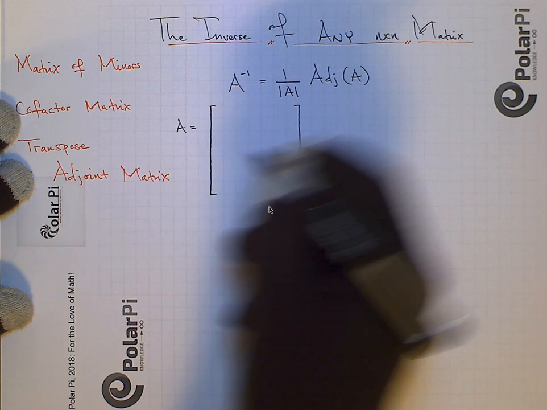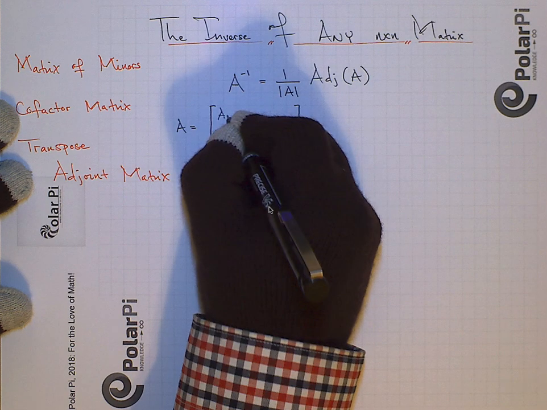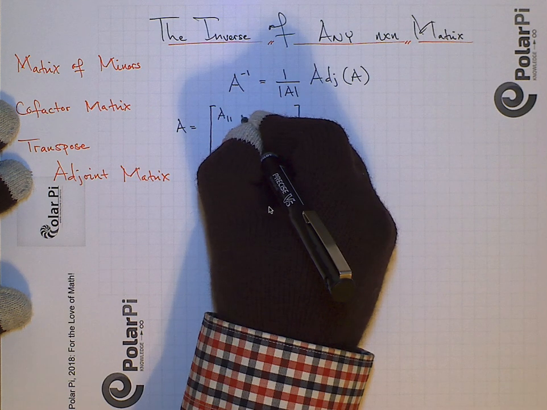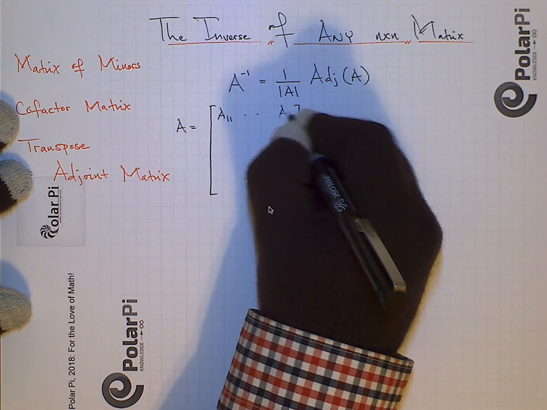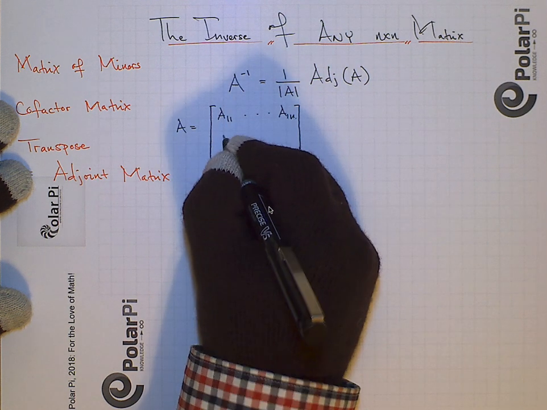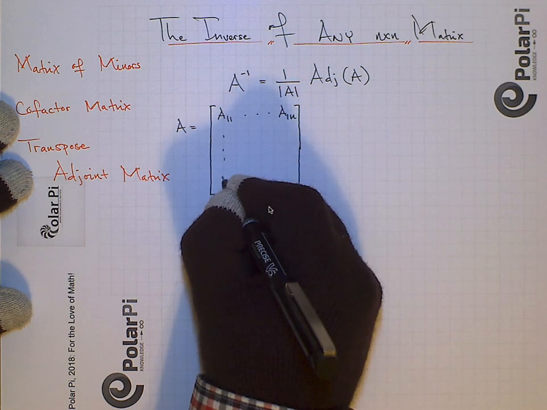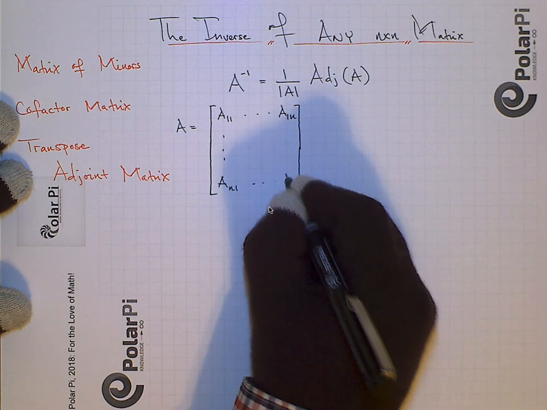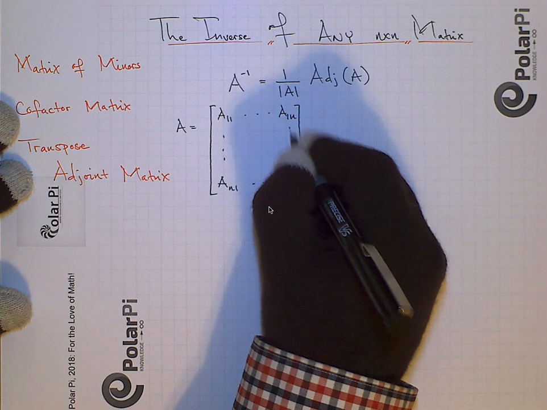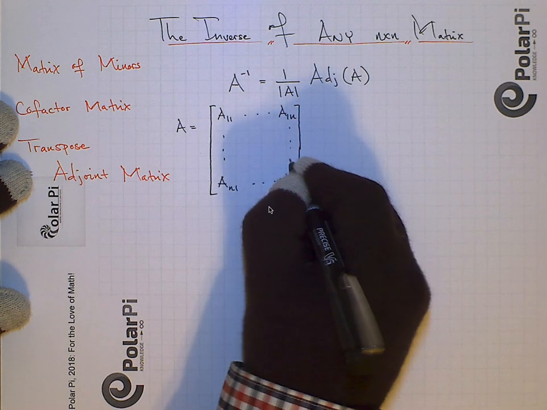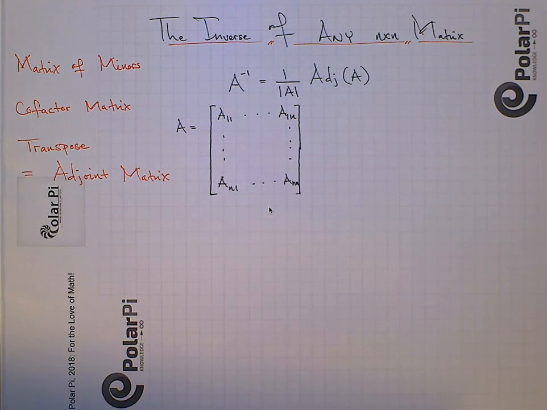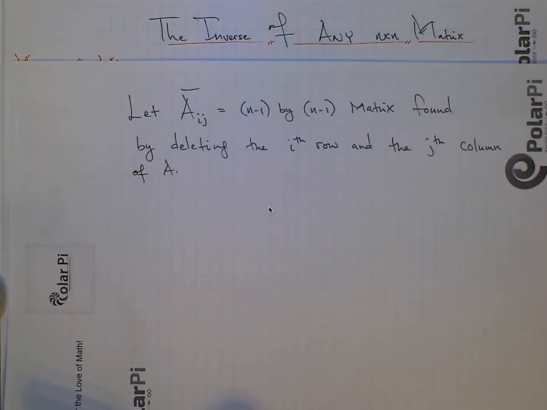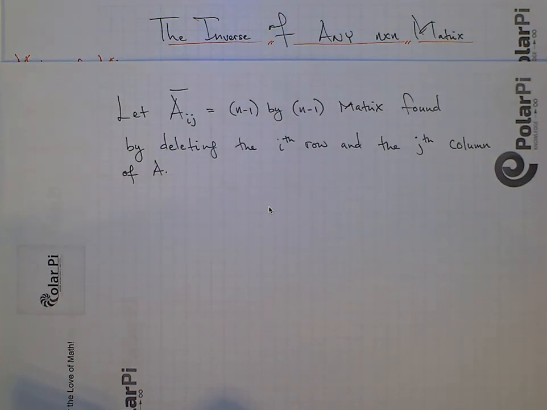If your matrix has entries A11, and then all the way through A1n, and then dot, dot, dot, and then this would be An1, dot, dot, dot, and this would be Ann, right? First of all, the Aij bar definition I gave applies to every entry Aij.